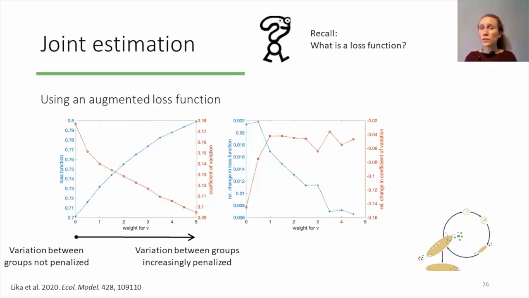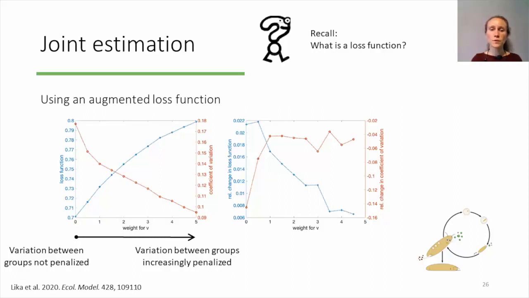What does the augmented loss function do? It adds a parameter that will not only penalize the difference between predicted and observed, but also penalize the variation between groups.